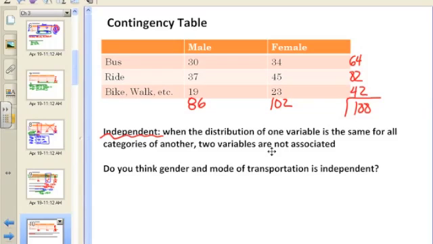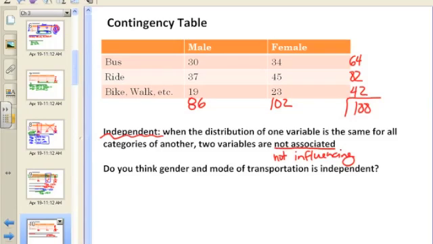You make your own decisions. So the other definition I have here is that two variables are not associated, or I like to think of it as not influencing. Right? If you're independent of your parents, they don't influence your decision. So if I'm looking for two variables to be independent, they don't influence one another or affect one another, or they're not associated with one another.